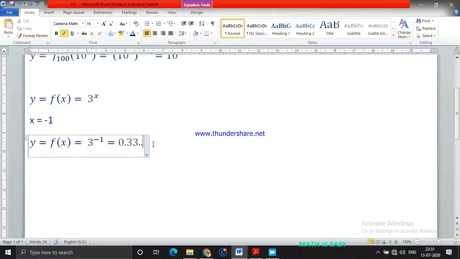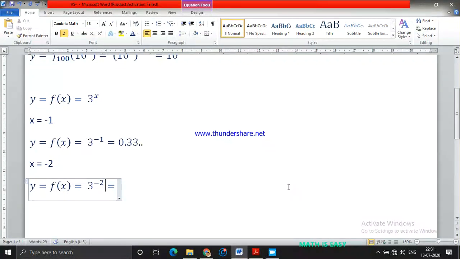It will continue. Now if I take x value as minus 2, then what happens? It is going to be 1 by 9. 1 by 9 means 0.11, something will come.